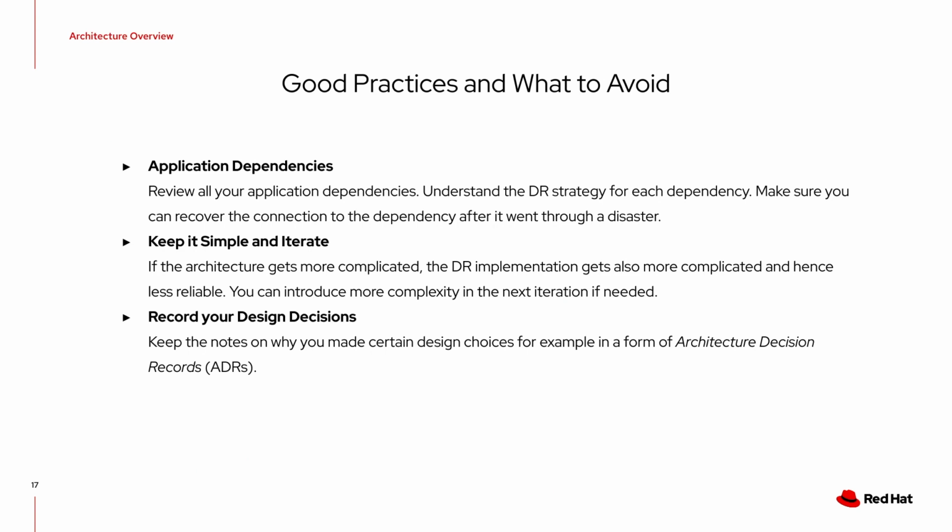Because as the project goes on and gets longer, eventually you will forget why you made certain decisions, and also the reasons for decisions change in time. So later on in the project, you will realize that things changed, and you would like to be able to go back, reevaluate your existing decisions, and maybe change some of them. It's easier to do when you keep your architecture decision records with you.